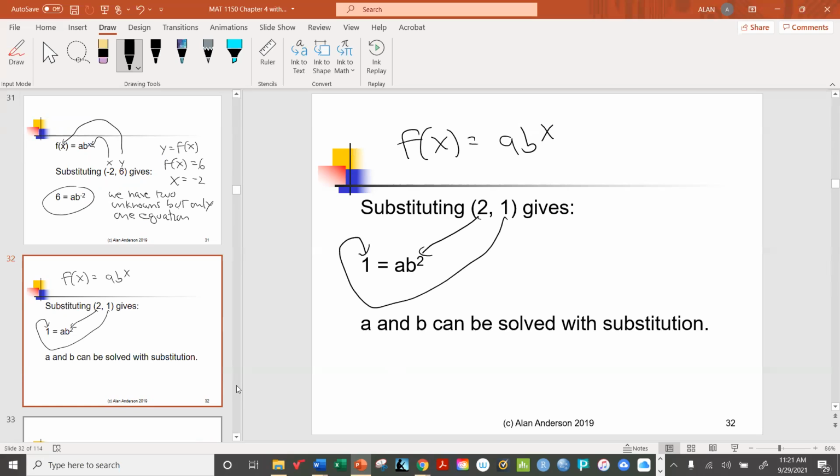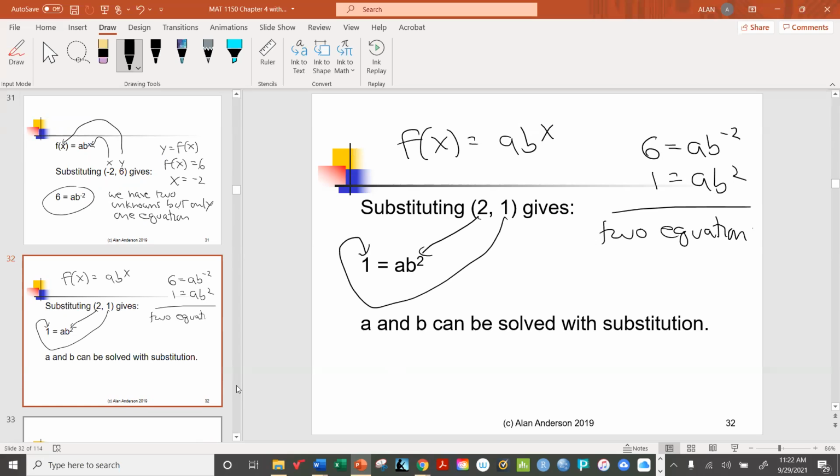So now we know two things. From the first point, we have this expression, and for the second point, we have this. And guess what? What do we have now? Two equations, two unknowns. Can we do this? Yes.